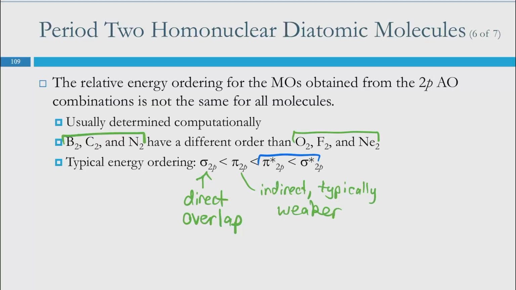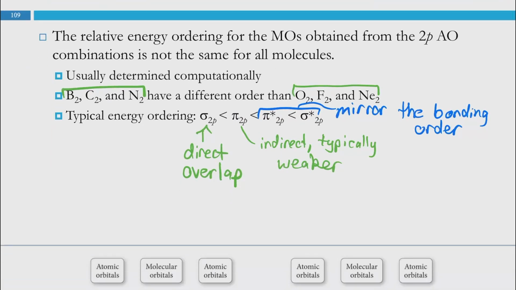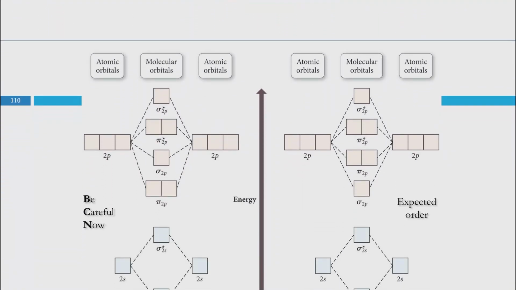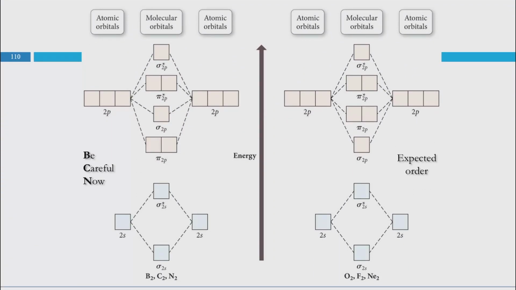And then our other two, the anti-bonding forms, mirror the bonding order. So our expected order is over here on the right, where we've got our sigma overlap, lower in energy, that's our direct overlap.